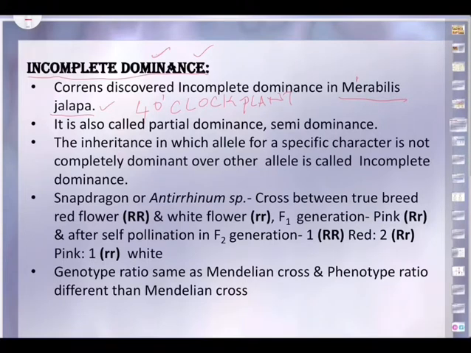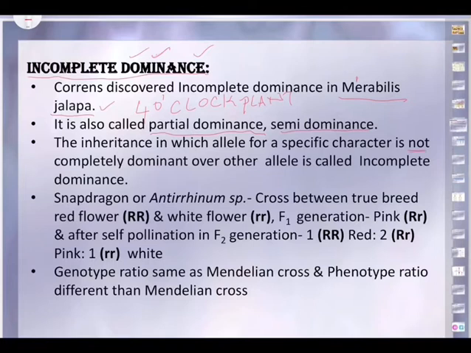In incomplete dominance, both the phenotypic as well as genotypic ratio of the F2 generation is always 1:2:1. How does that happen? The change in this phenotypic ratio is because of the phenomenon called incomplete dominance.